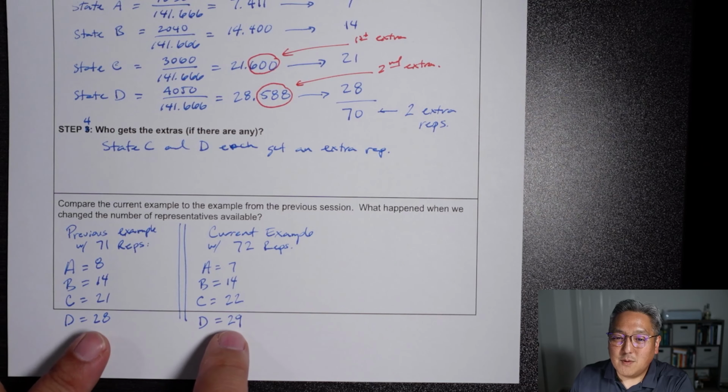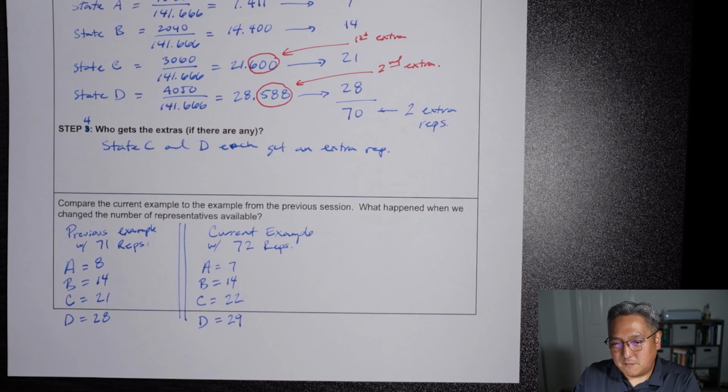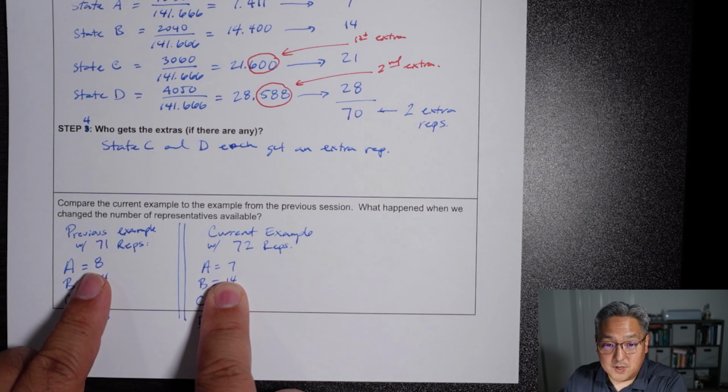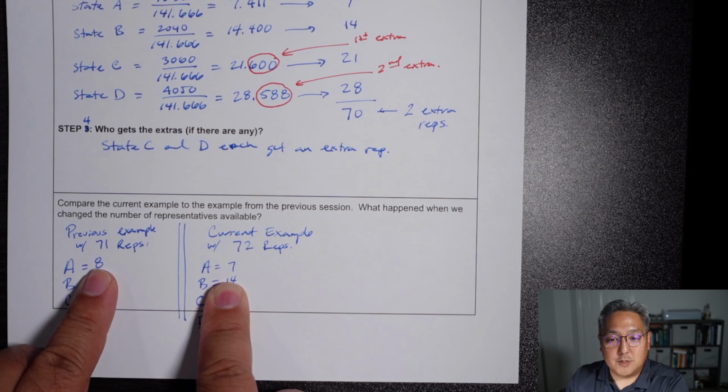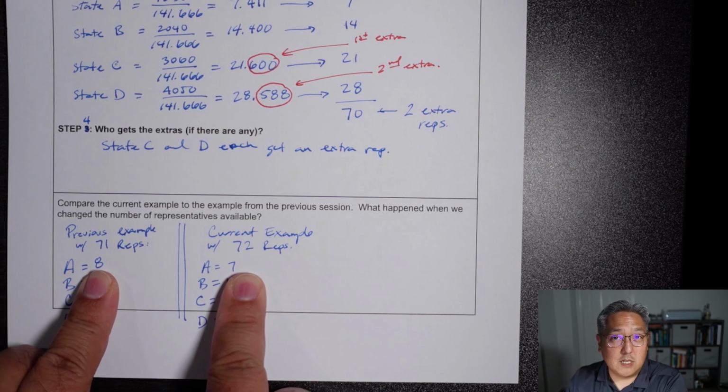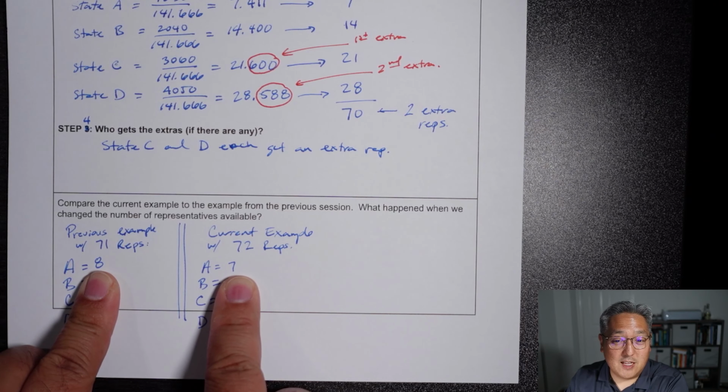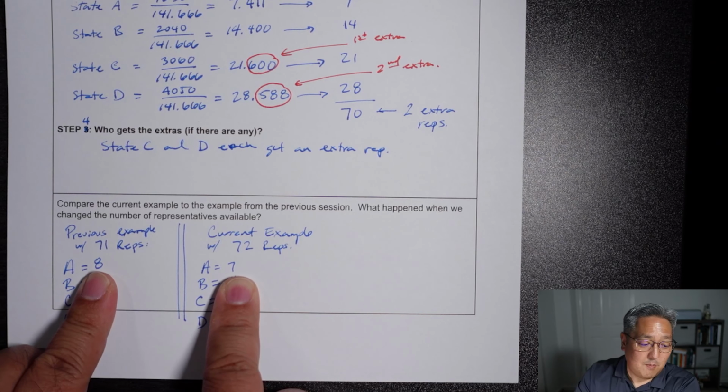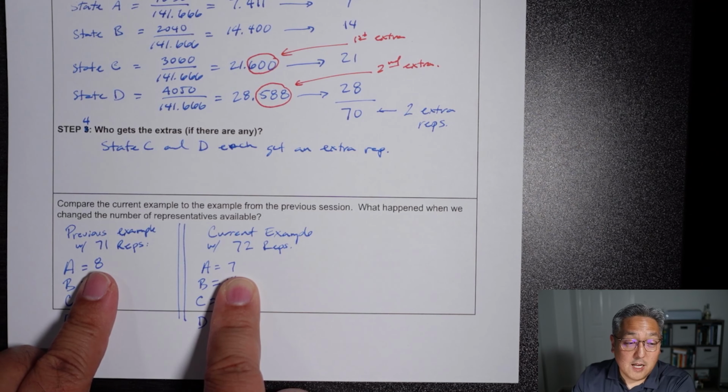So how is this fair? We added more resources, we added a representative, but state A previously, when there were 71, had 8 representatives, and now that there's one more, when there's 72 representatives, state A has 7. State A lost something that they previously had.